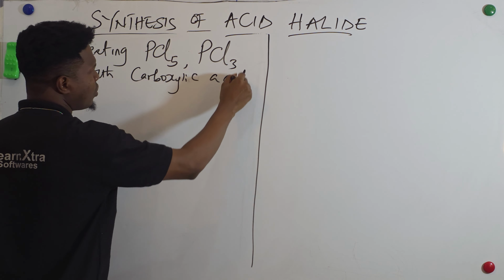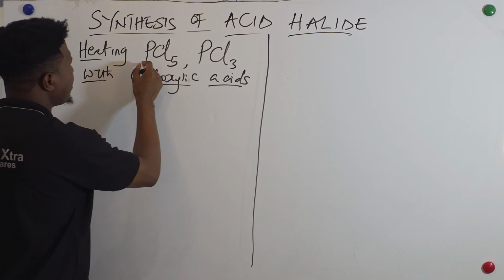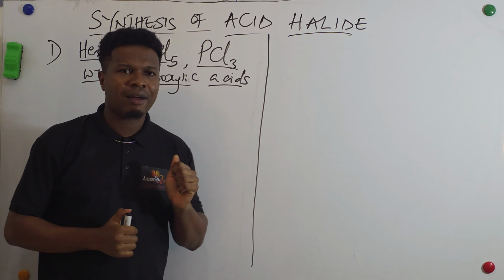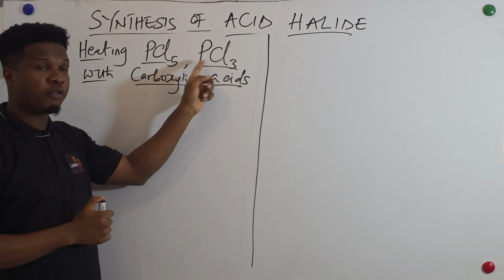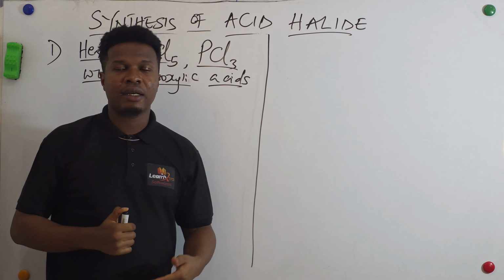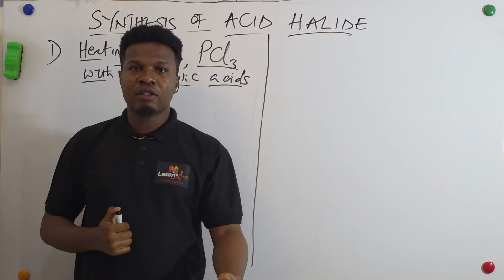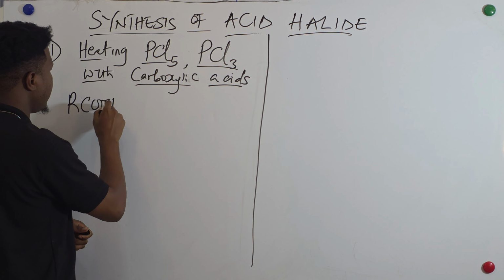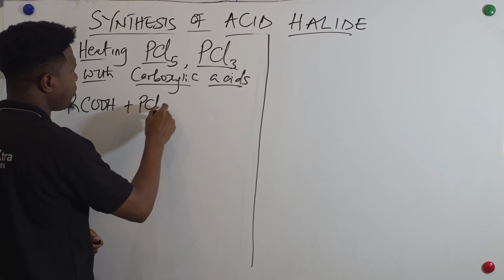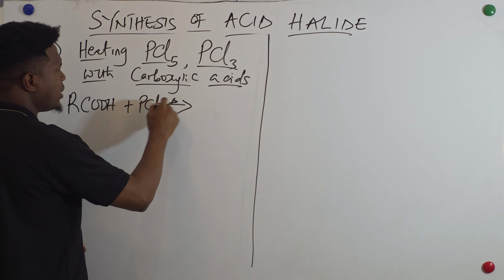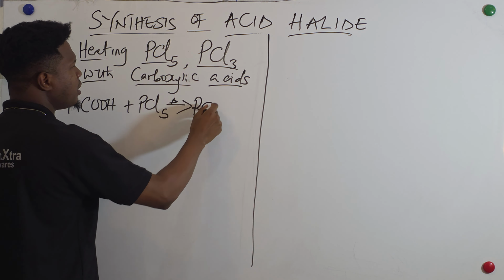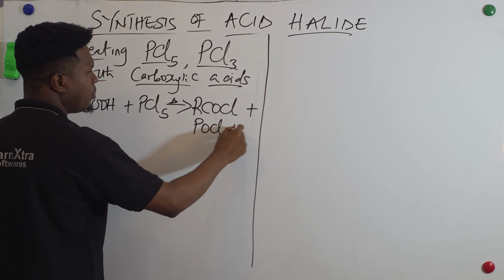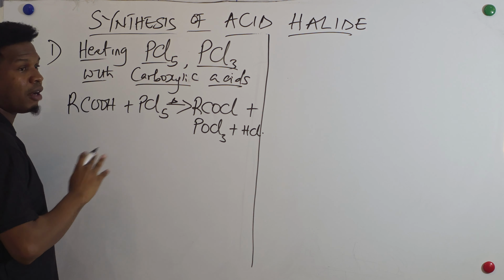If you heat a mixture of carboxylic acid and phosphorus pentachloride or phosphorus trichloride, you get an acid chloride. Look at how the equation works. RCOOH plus PCl5, plus heat, gives you RCOCl plus POCl3 plus HCl. This is the general formula.